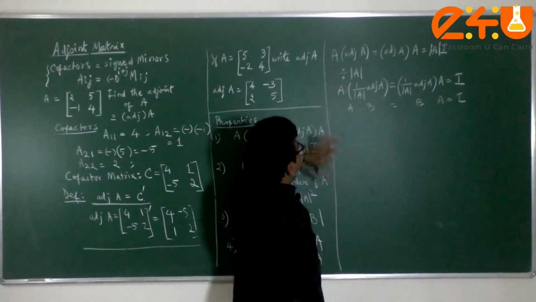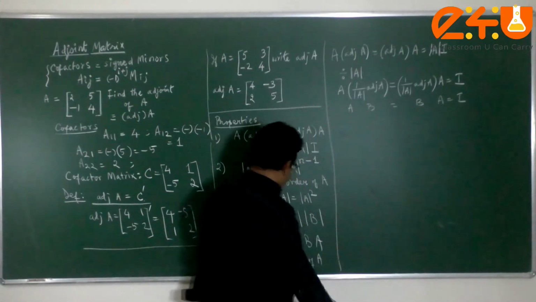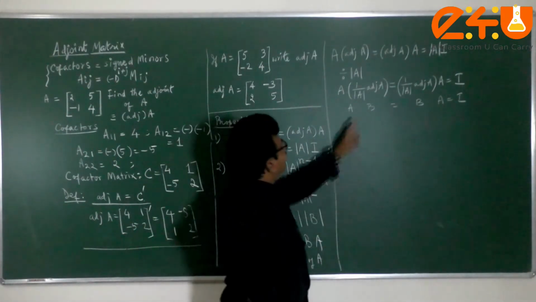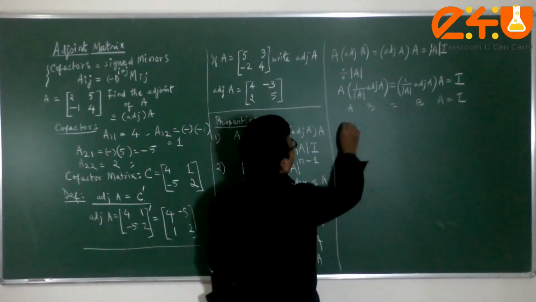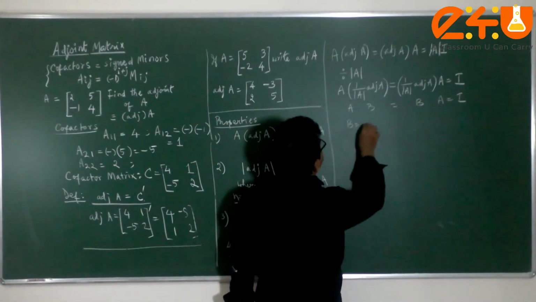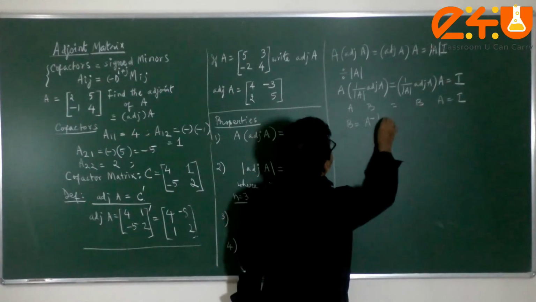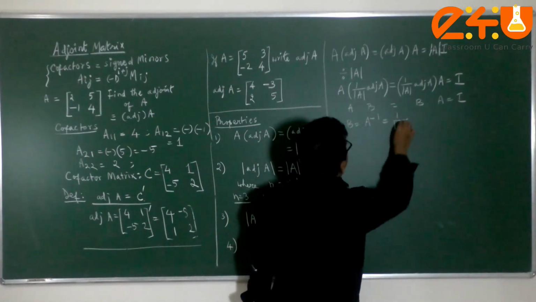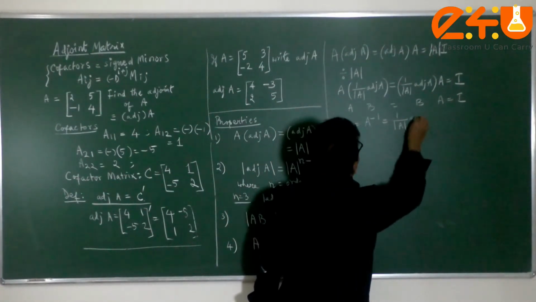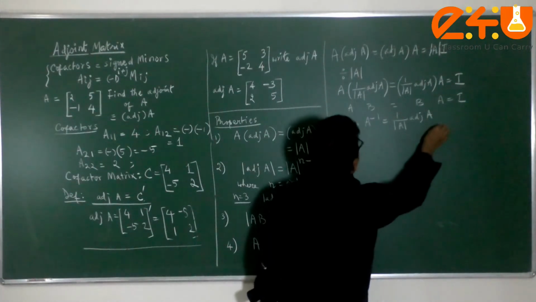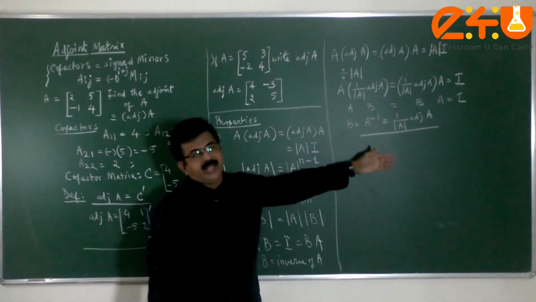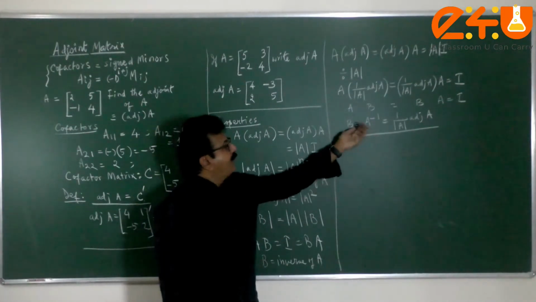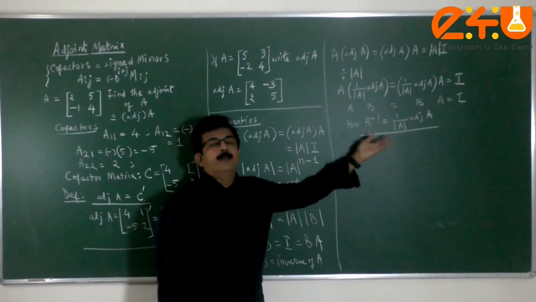So comparing these two expressions, B, which is inverse of A, is same as 1 by mod A times of adjoint A. So I can say the B matrix, the inverse matrix, is same as 1 by determinant A of adjoint A. That becomes a very important expression for finding inverse of a matrix.